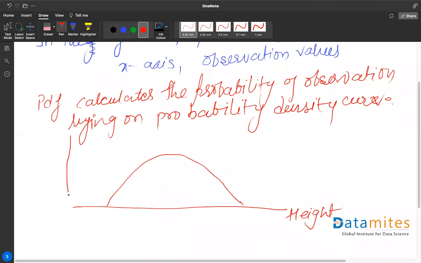That is calculated by the PDF function. So this is the probability and this is the height, right? Any question?